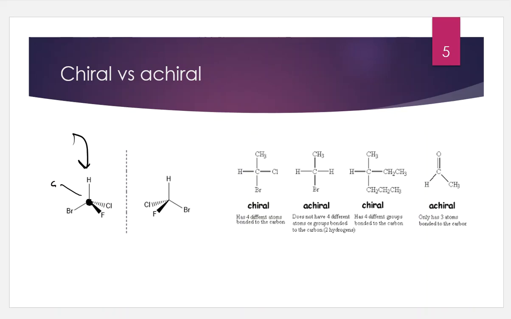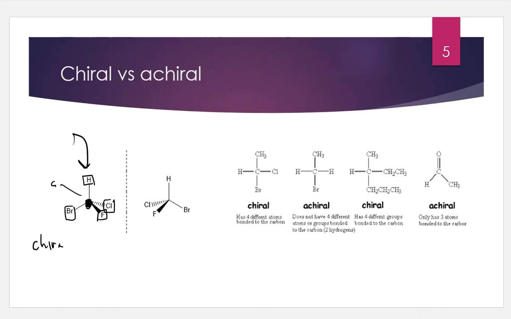And this particular carbon, look at this, has 4 things attached. It's got a hydrogen, and it has a chlorine, and it has a fluorine, and it has a bromine. So there are 4 different things attached to that carbon. And that is the criteria for a chiral center, or in this case, a chiral carbon.